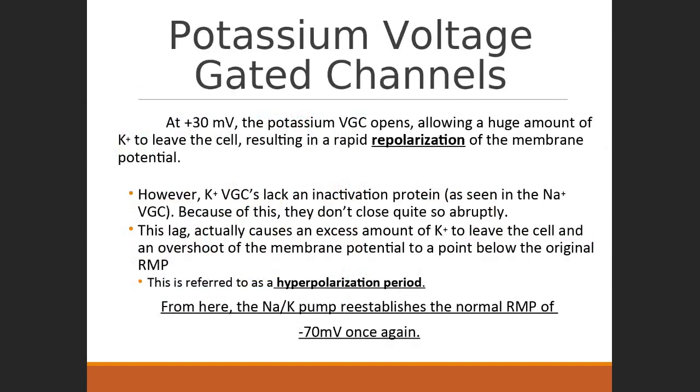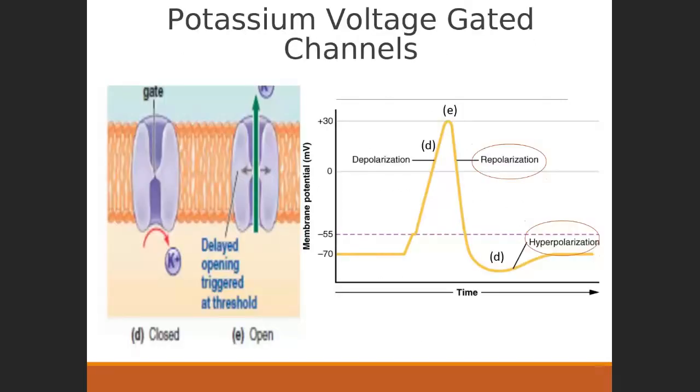The potassium voltage gated channels have a threshold of plus 30 millivolts. So it's the sodium that rushes through the sodium gated channels that hits the threshold for the potassium voltage gated channels. Potassium floods out of the cell quickly, dramatically changing the voltage of the cell, repolarizing it.